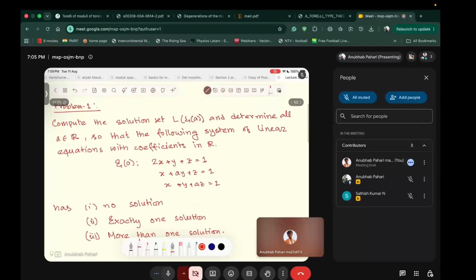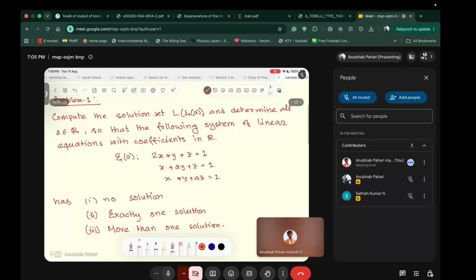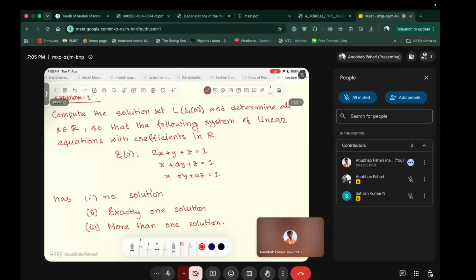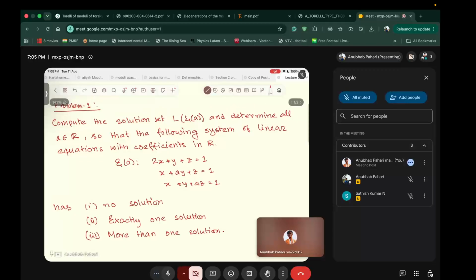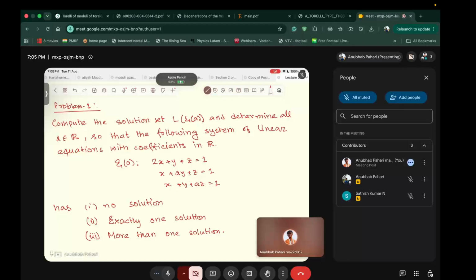So I suggest you take 5 minutes and read this problem, then you can start, maybe 2-3 minutes, that way you can familiarize.